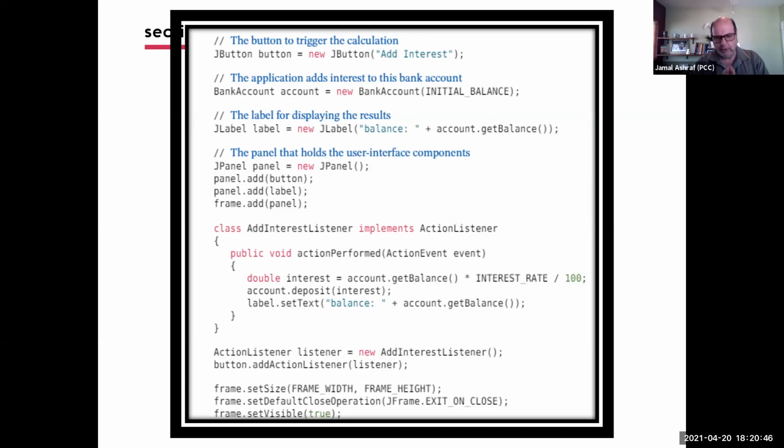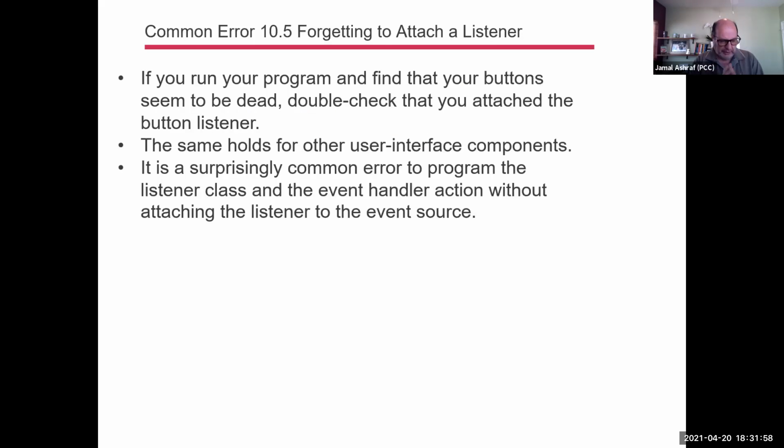Then we're going to be writing our action listener as an inner class. Then we're going to create an object of the action listener. Remember, we have options to do this. Then we're going to add that object of the action listener to the button of the class.